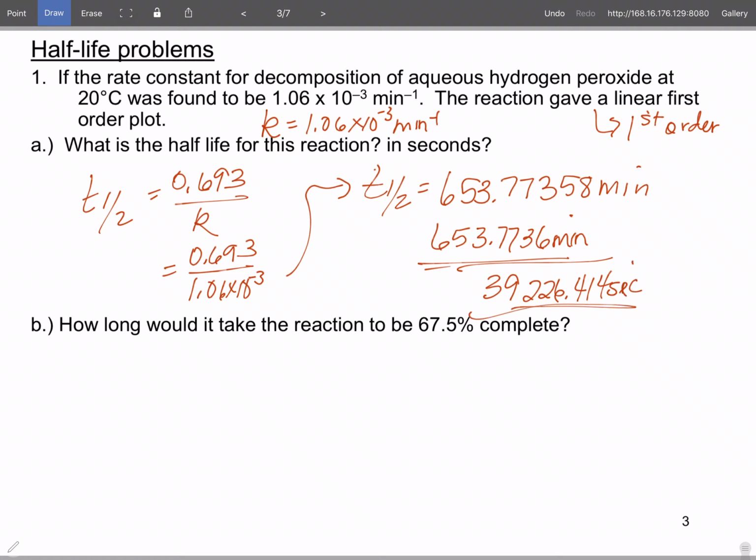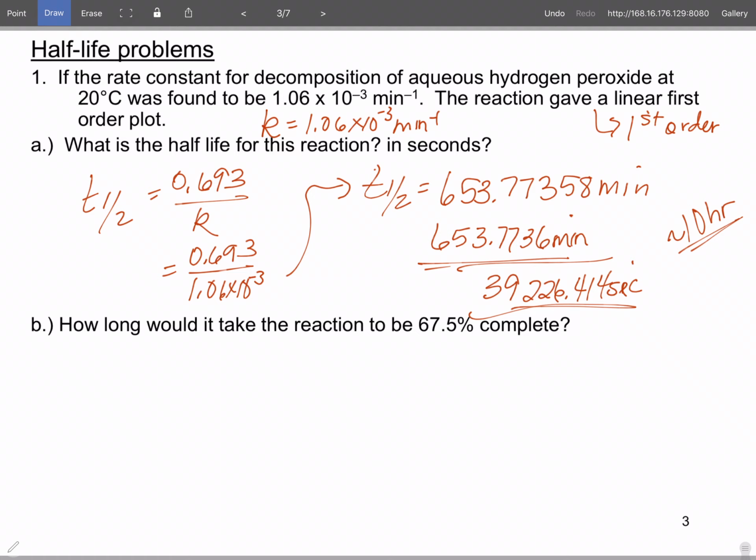Now, does it matter which one I leave it in? No. If I don't specify, make your life easier, keep the simplest one. If I specify, convert it to whatever. I could have easily converted it to hours, and it's about 10 hours. Does it matter? No, as long as you keep a unit that is correct.